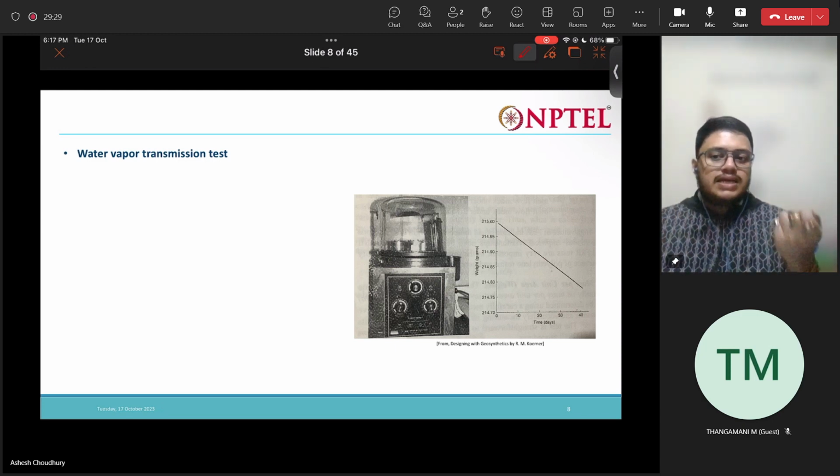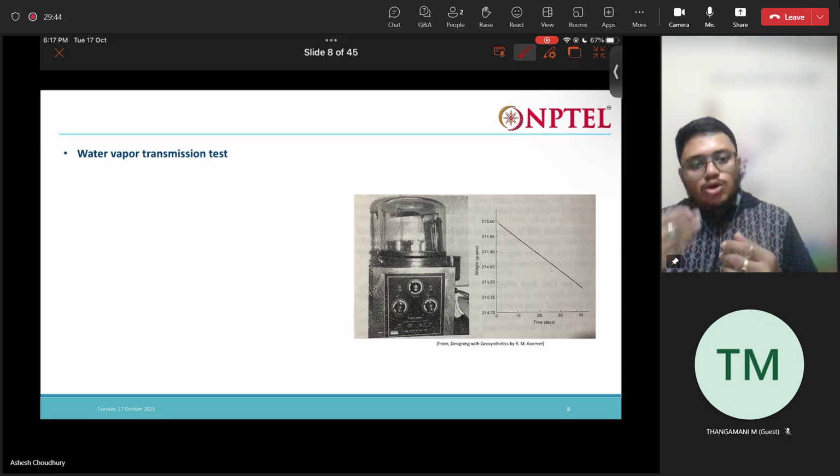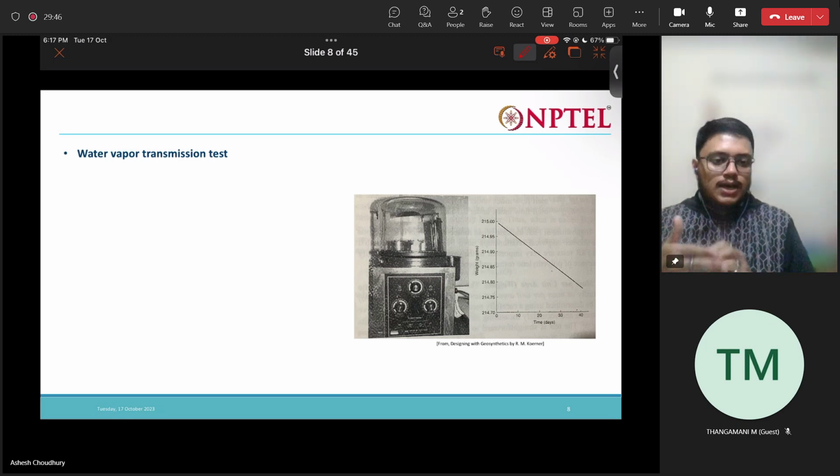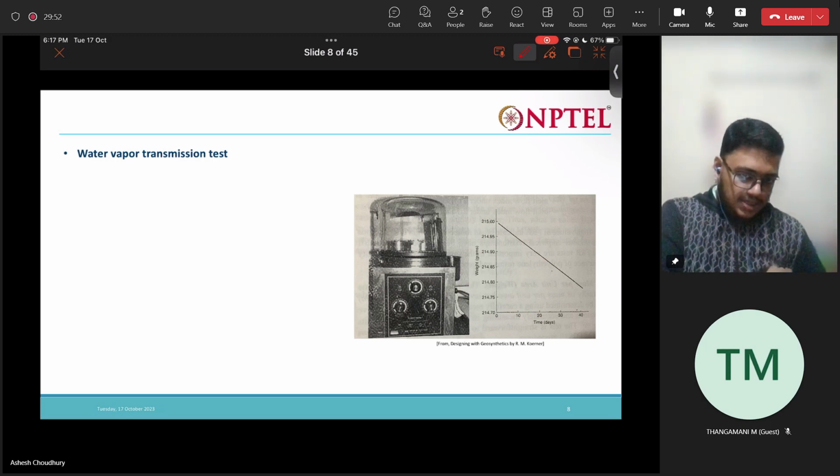These have really very small permeability, but the permeability is not zero, right? So they allow some amount of gas or water to pass through. In order to determine how much gas or liquid is actually passing through the geomembrane layer, we use this test called water vapor transmission test.